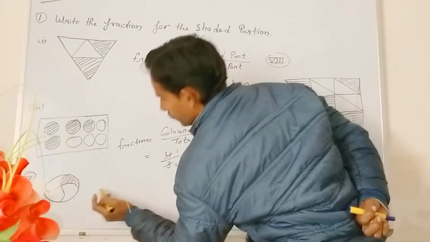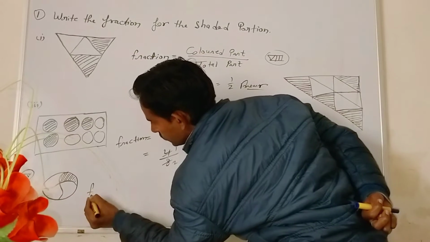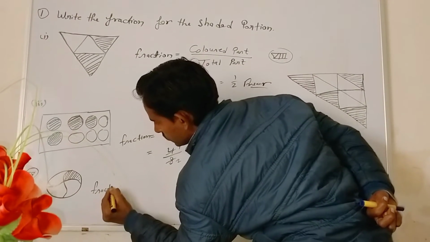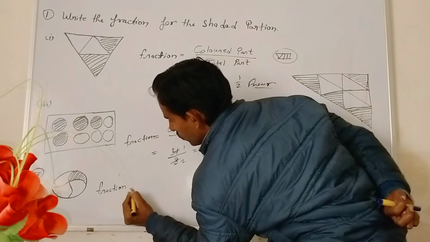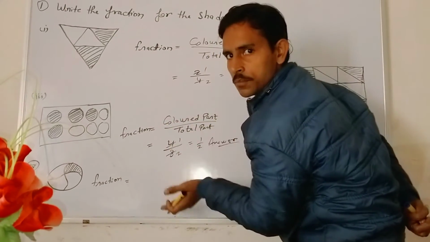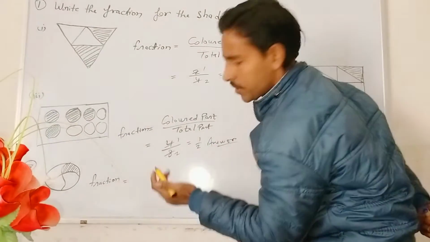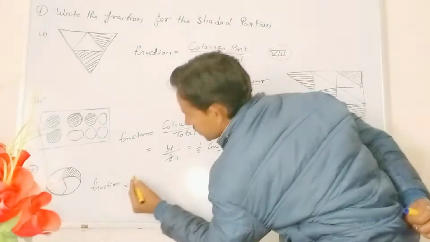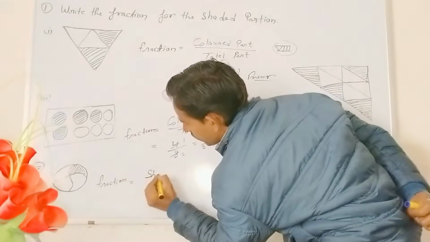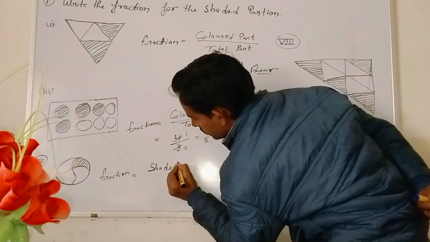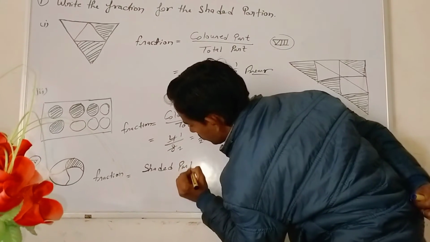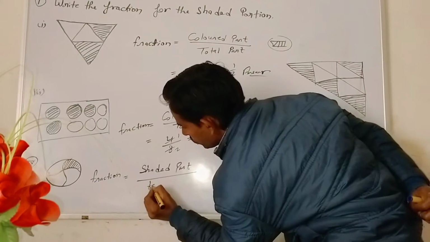Again, the fraction for this figure equals colored part, same, we can write colored part or shaded part. Now we are writing fraction equals shaded part upon total part.